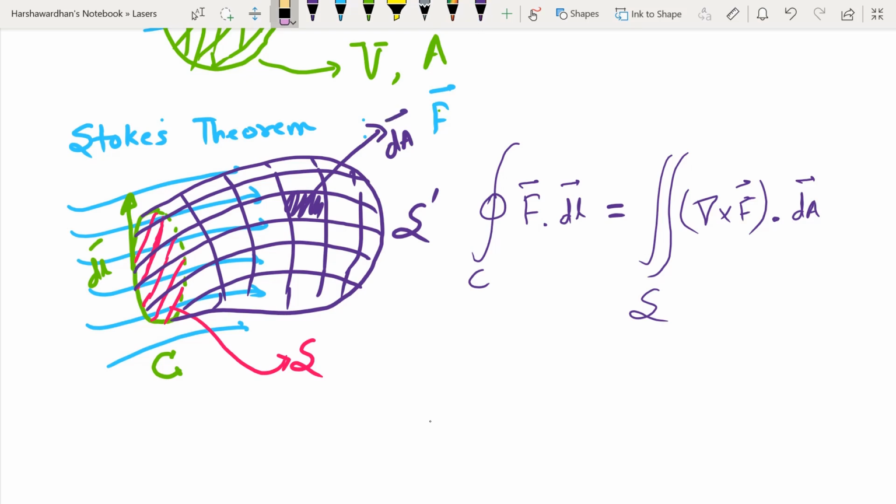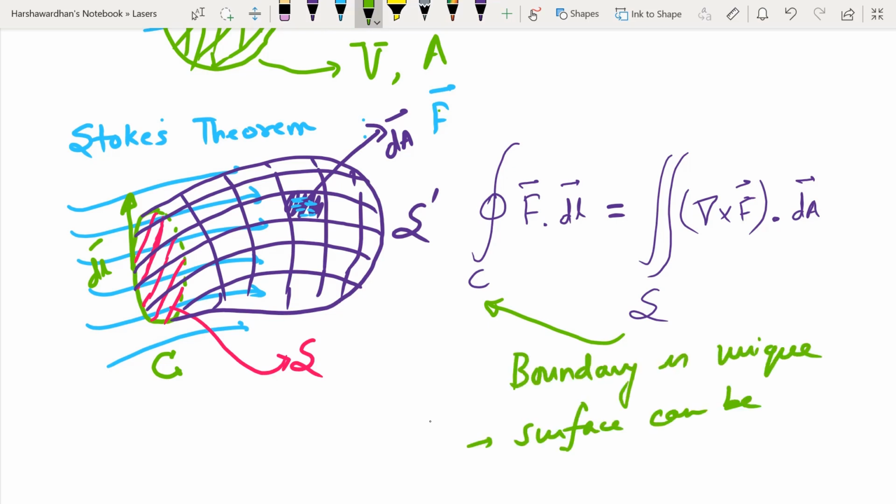You are calculating the del cross F at this surface, and then you are dotting it with dA. So that is the kind of notion that you have. And remember that this surface can be any surface, such that its boundary is unique. The surface can be varied.